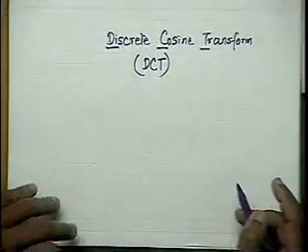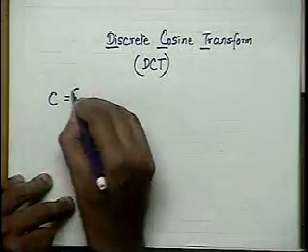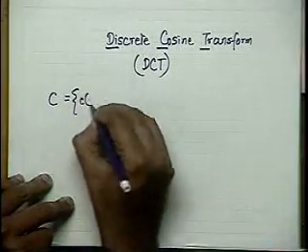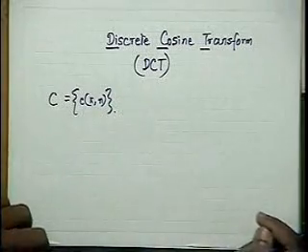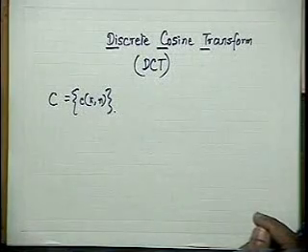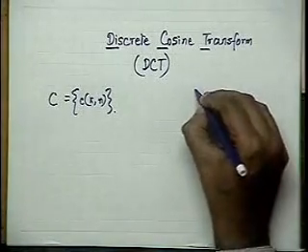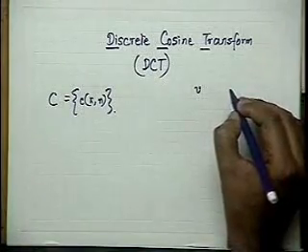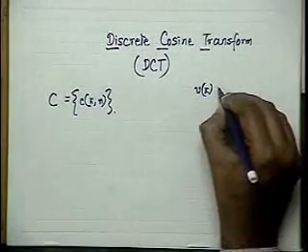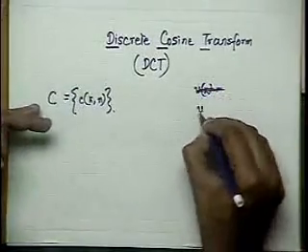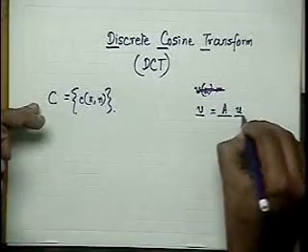And if we define the transformation matrix C having elements C of k,n, that is to say for one dimensional transformation. I first considered the one dimensional transformation only, that is to say my same old expression. What was the old transformation expression? The V vector equals the A matrix, the transformation matrix, product U vector.